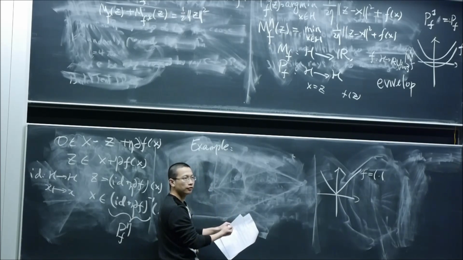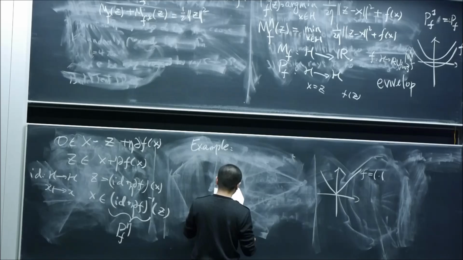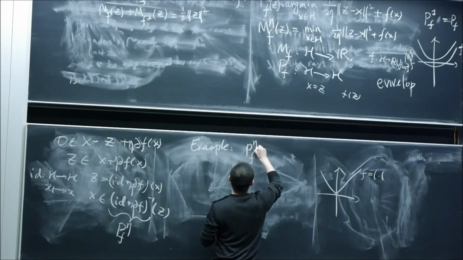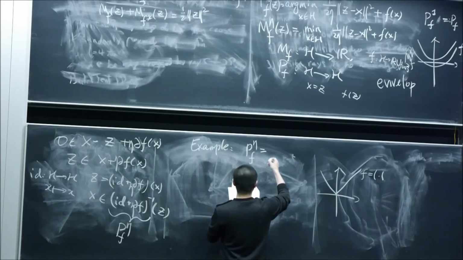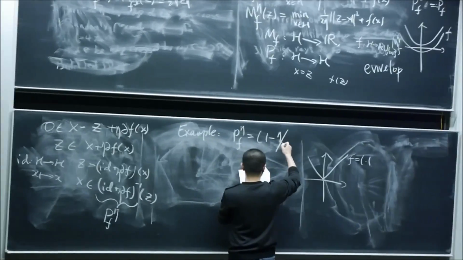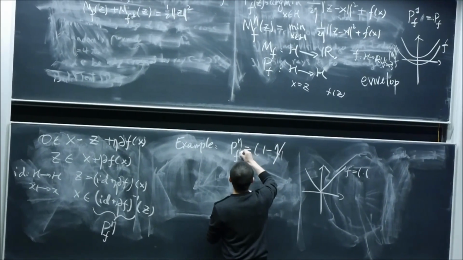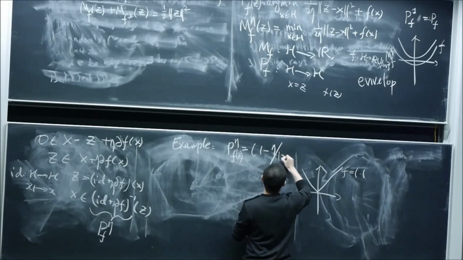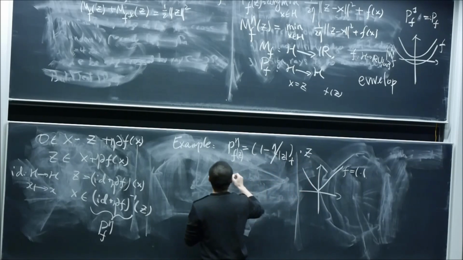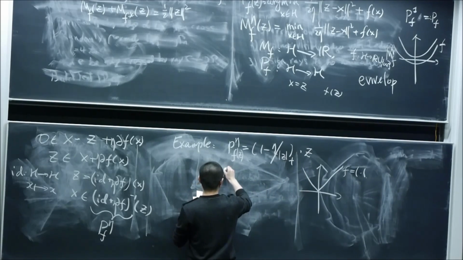You take the derivative, and you try it a few times. You will get the proximity operator is going to be 1 minus eta divided by the absolute value of z, at that point z, times z.